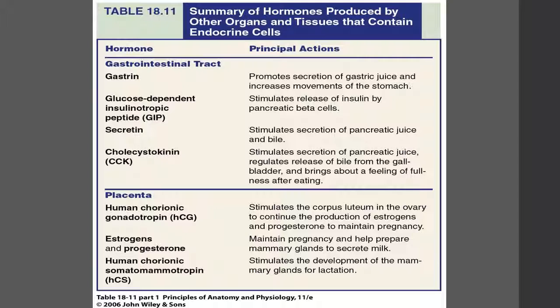A summary of hormones produced by other organs and tissues that contain endocrine cells. This would include gastrin, GIP, secretin, cholecystokinin, human chorionic gonadotropin, estrogens, progesterone, human chorionic somatomammotropin, or HCS.